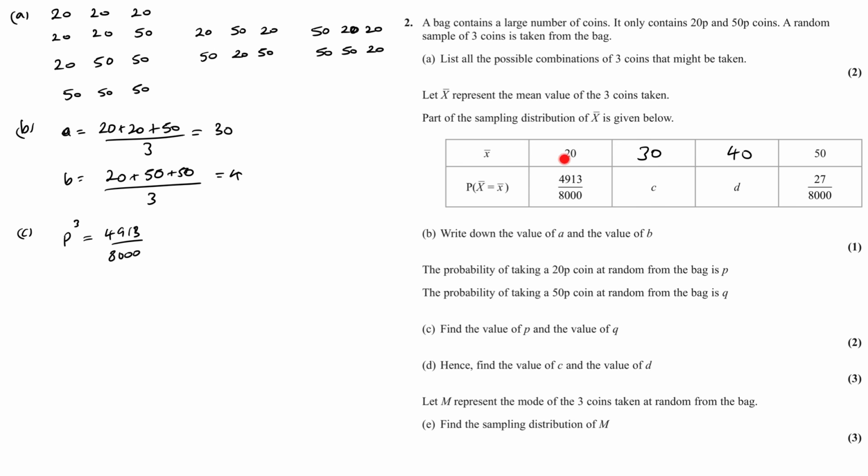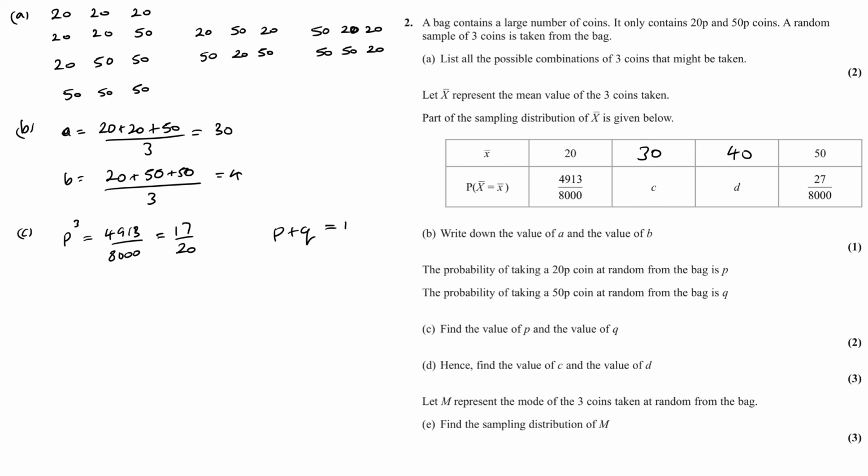That's because this is from the 20 times 20 times 20, the P cubed, and it gives me this. So if I take the 4913 over 8,000 and cube root it, I get 17 over 20. And it should be easy from here because obviously P plus Q has got to equal 1.